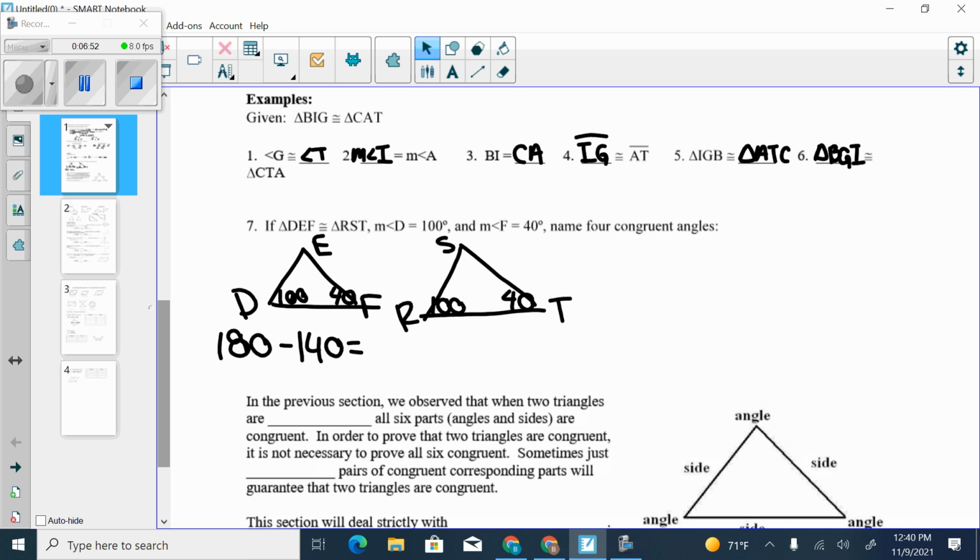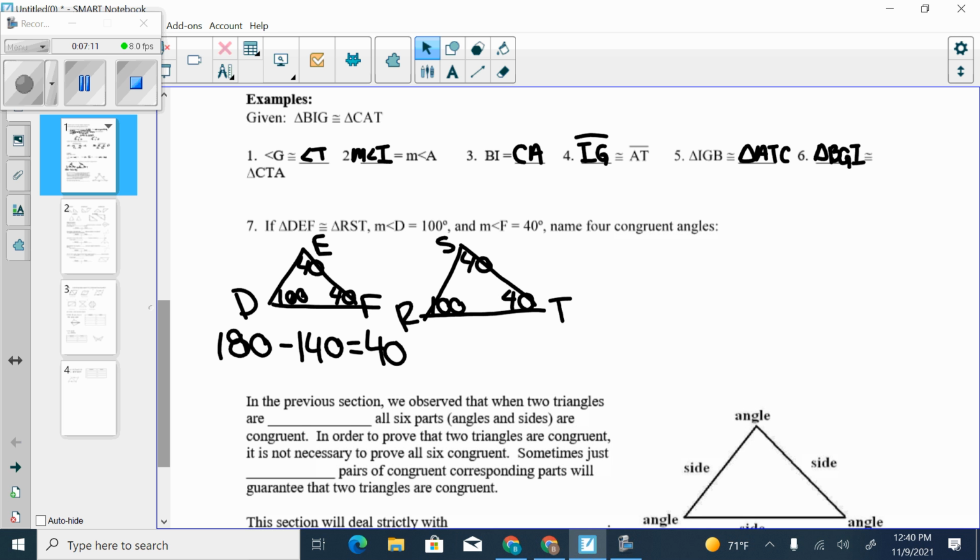So what's that missing angle? Okay, and if angle E is 40, so is angle S, right? So do we have 4 angles that are all congruent? Yes. Yeah, we ended up with 4 that are all 40 degrees.